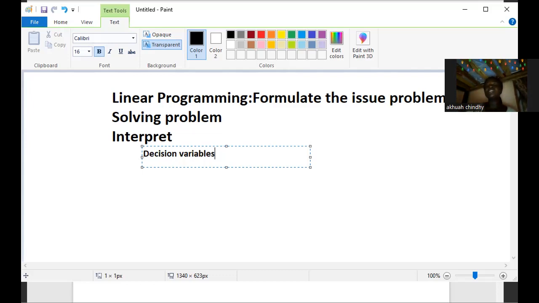So that's decision variables. Then the second one is to take note of the objective function. So what is your aim of making that decision? Let's say you want to pursue accounting and finance.